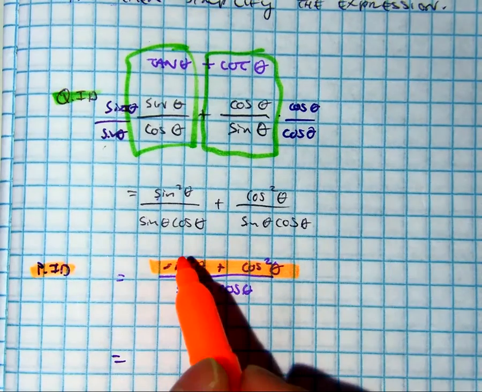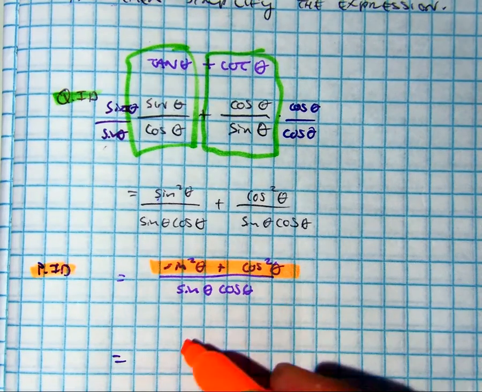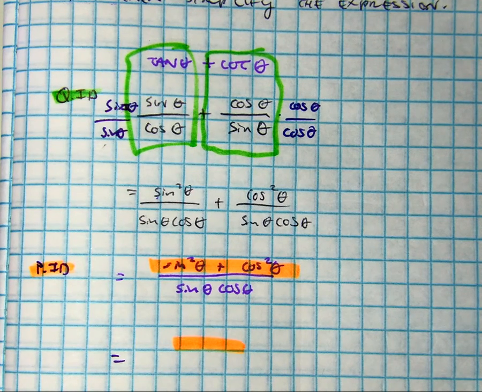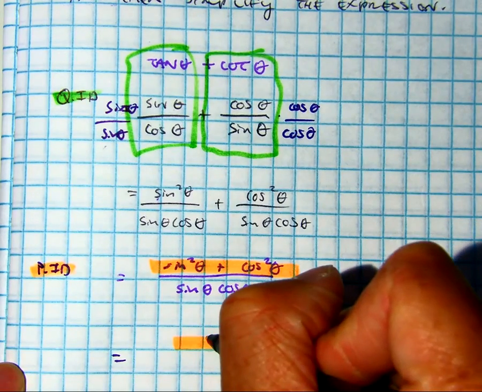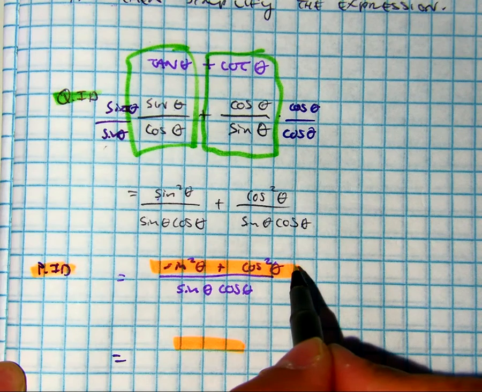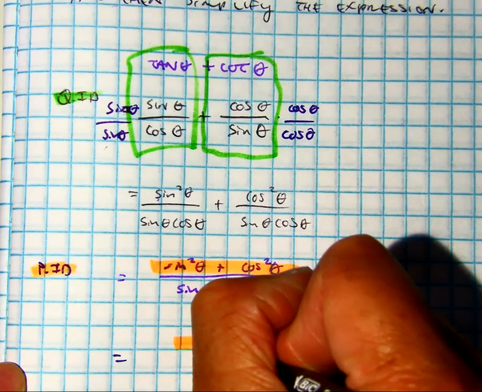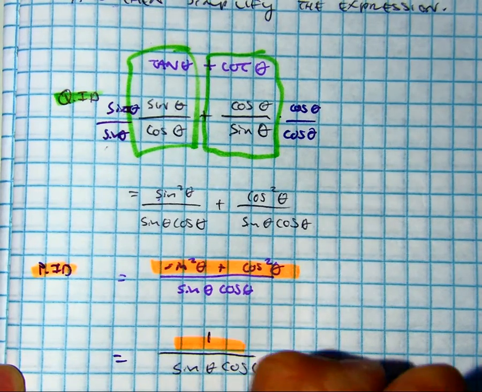Well, if you look at your formula sheet, sine squared theta plus cosine squared theta equals 1. And this is our answer.